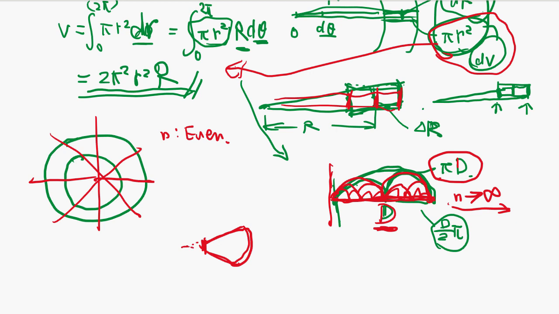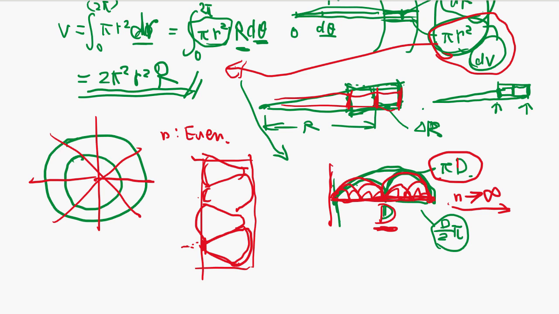Okay, we stack the next one opposite, and we stack the next one opposite, and we have an even number, so it becomes kind of a rectangle, right? Okay, then n goes to infinity.